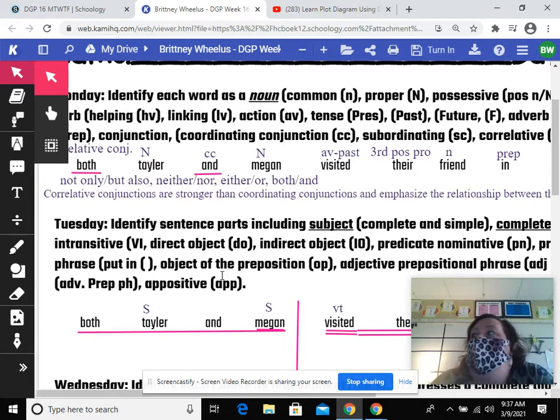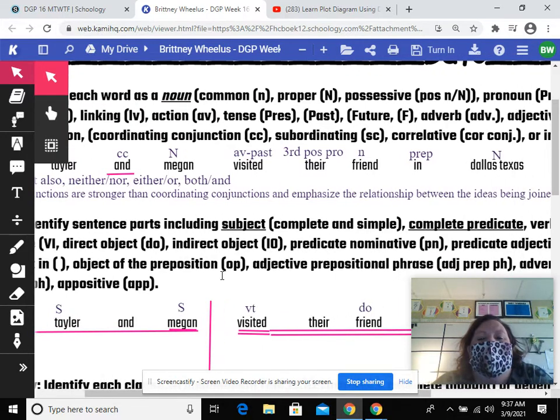Megan is a proper noun, so we're going to put a capital N above it because she names a specific person. Visited tells what Megan and Taylor are doing or what they did, okay? It is an action verb in the past tense.